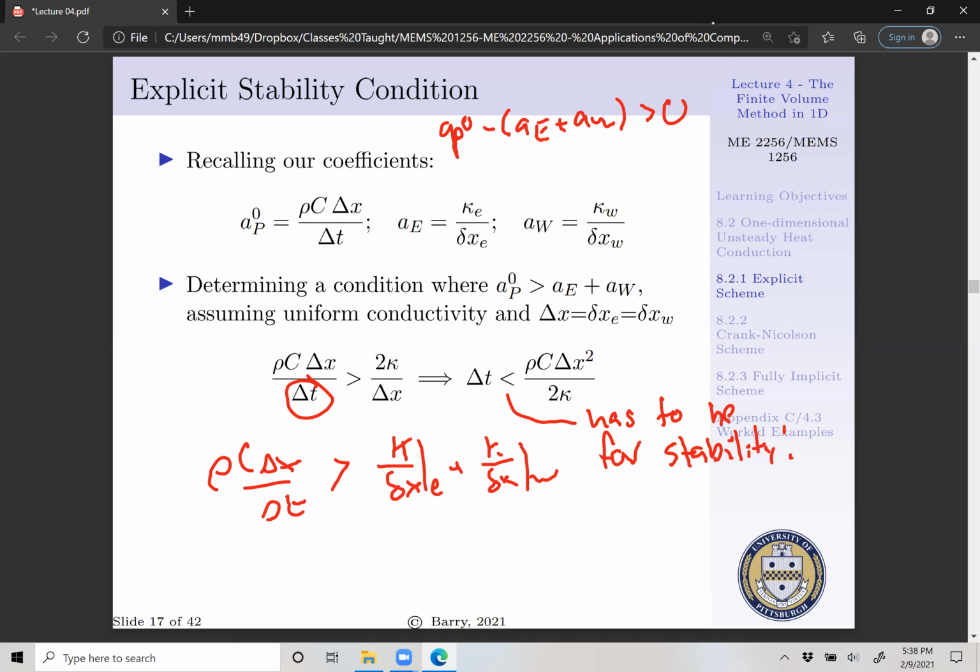This has to be upheld. If you do not, horrible things are going to happen.